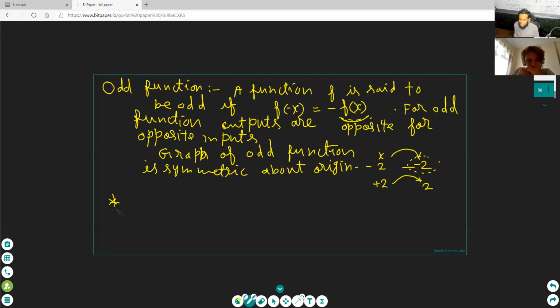Tell me, will a graph symmetric to the x-axis be odd or even? For odd it is symmetric to the origin, for even it is symmetric to the y-axis. If a graph is symmetric to the x-axis, then it is neither even nor odd. Clear?